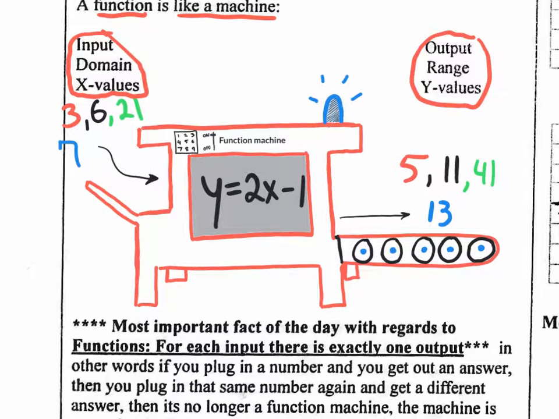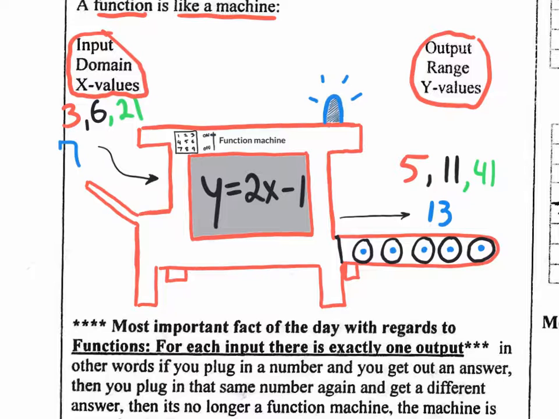All right? So a function's like a machine. For each input, you have to get one output. If you ever plug in the same input two times and get out different outputs, then you know this thing's messed up. So let's go back to numbers. I plugged in a 3, right? What did I get out when I plugged in a 3? A 5.